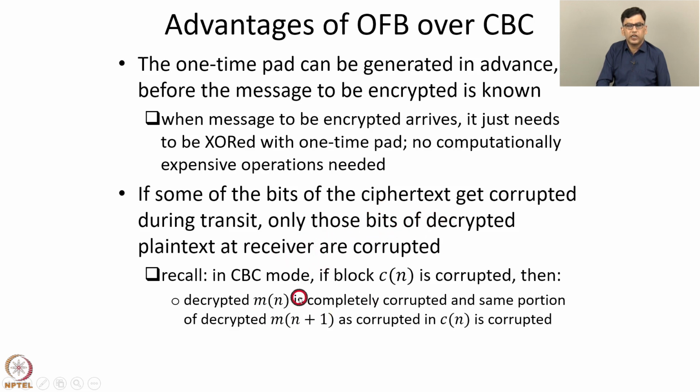That's because in the case of CBC, Cn is first decrypted, and then the result is XORed with Cn minus 1. Because of this, the decrypted Mn is completely corrupted, and the same portion of the decrypted Mn plus 1 as corrupted in Cn is corrupted if the block Cn is corrupted.